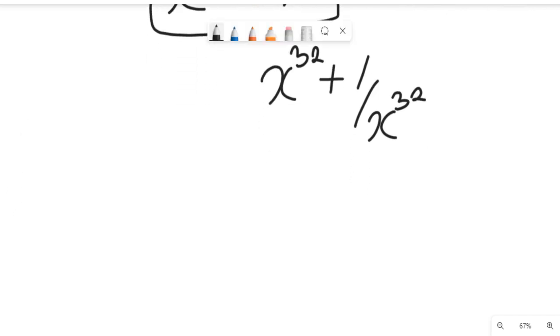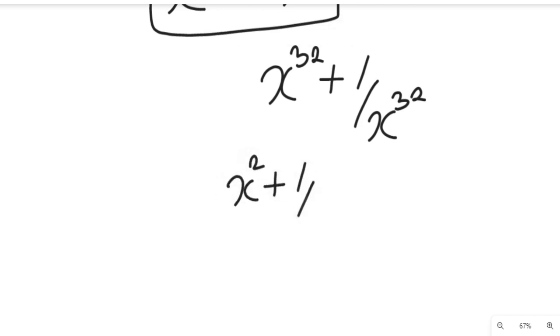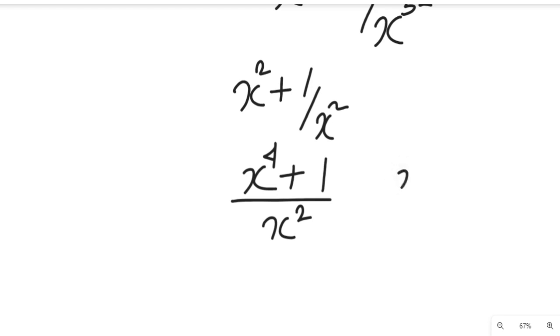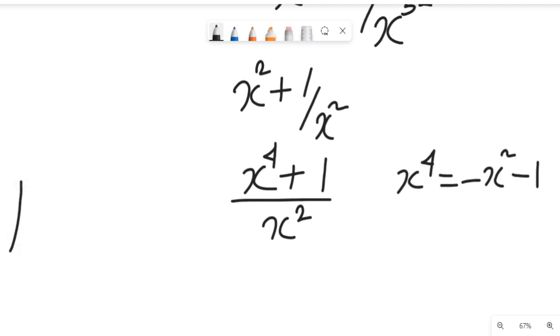So if we apply that, we'll have x squared plus 1 divided by x squared. Simplifying this expression, we'll have this to be x to the power of 4 plus 1 all divided by x what? X squared. And remember, from our initial value, x to the power of 4 is equal to minus x squared minus 1. That is one of those things we derive from our expressions above.